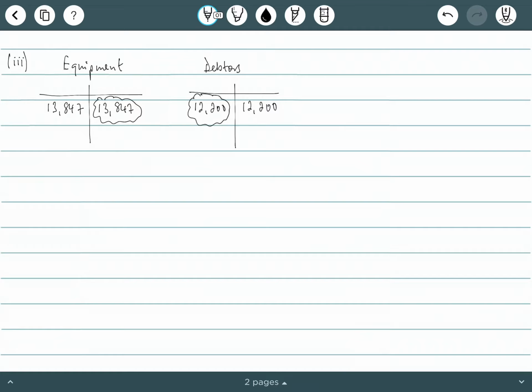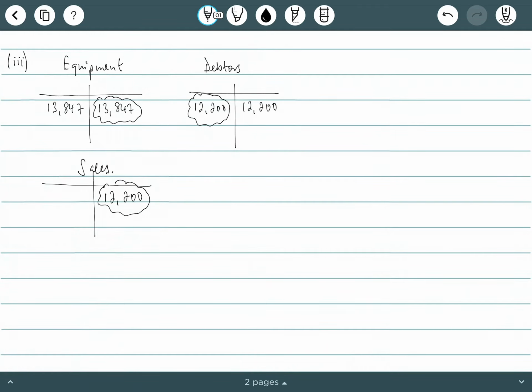So let's have a rattle at that. Well, first of all, it's sold goods on credit. So we didn't sell equipment, we sold goods. So we can open up our sales account. And what did you sell? Well, we sold 12,200 euro worth of sales.